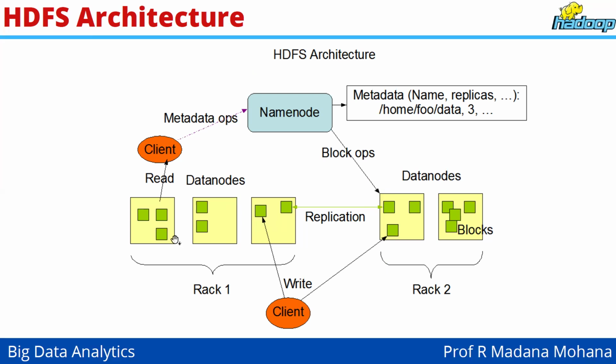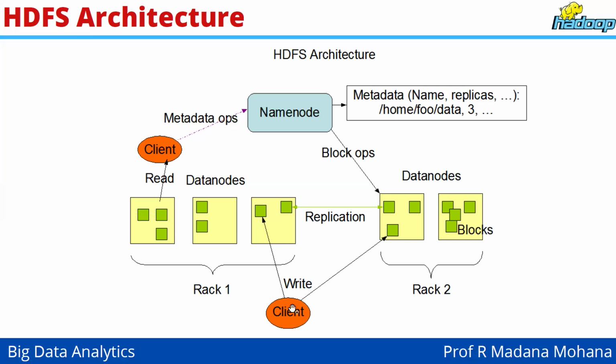Here you can see, for example, this is rack 1, and we have various nodes and blocks. Then rack 2. Then there is replication between rack 1 and rack 2. Here clients may write whatever they require to the respective data block nodes, and those can be stored in the respective blocks.